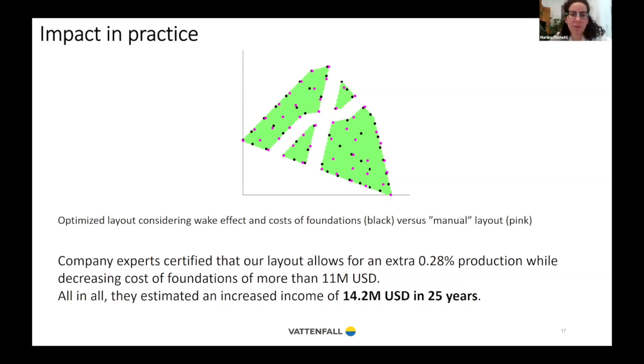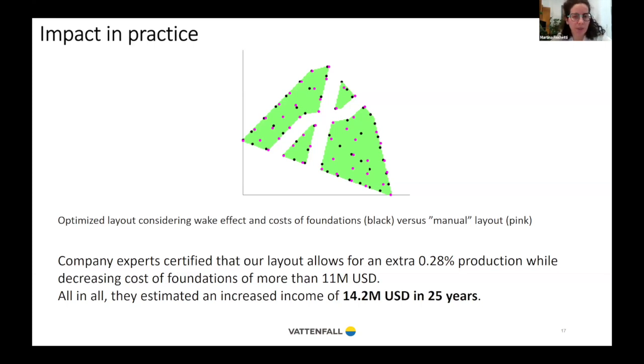When we had both layouts, the one we developed in black and the one done by the company in pink, we gave them both to a third team that had advanced simulation software that simulates in detail the aerodynamics on the site and the wake effect.